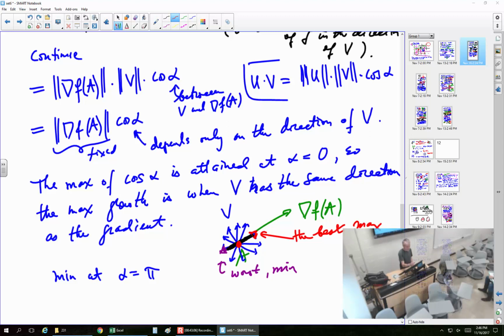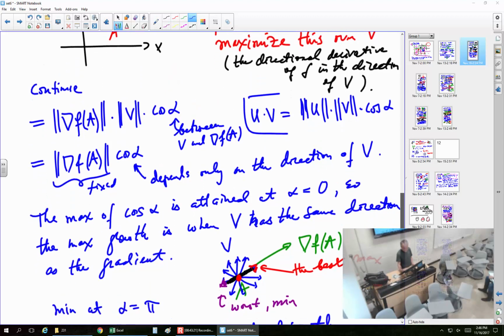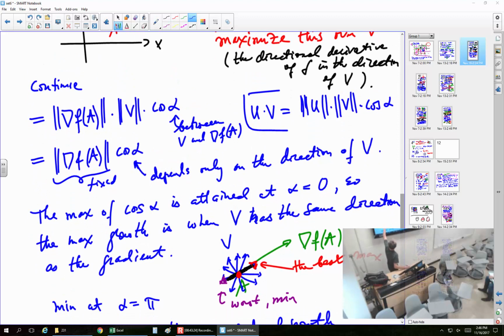We can also say what that value is. We know which direction gives you the maximum value, but we can also say what the maximum rate of growth is. From the formula right here, we picked alpha so that cosine of alpha is 1.